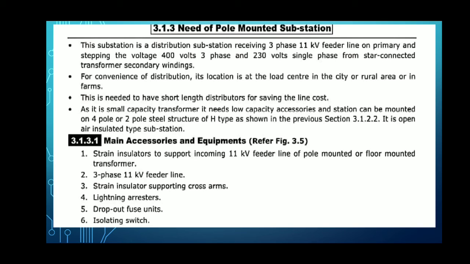Then a 3-phase 11 kV feeder line, strain insulator with supporting cross arms, lightning arrestor, dropout fuse unit and isolating switch. So these are the different types of electrical equipment required for the pole mounted substation.